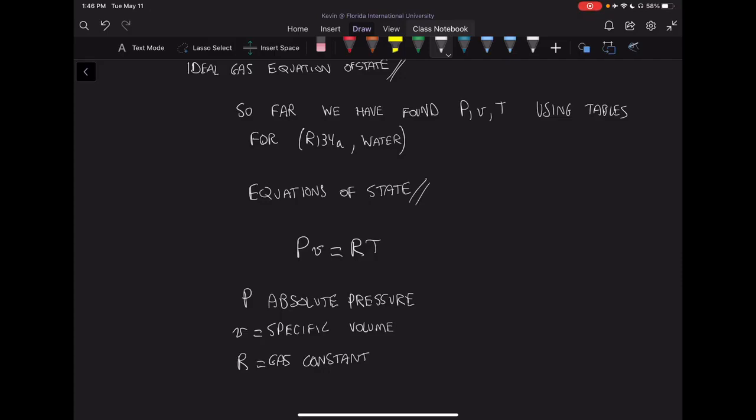So the units of the gas constant are kilojoules per kilogram Kelvin. And this is different for different gases.